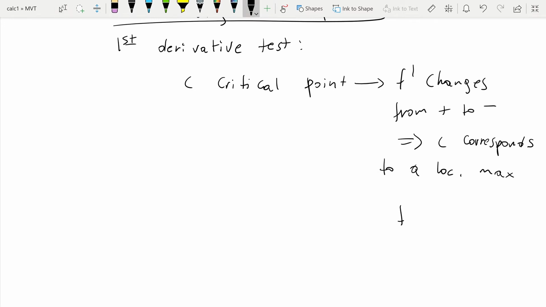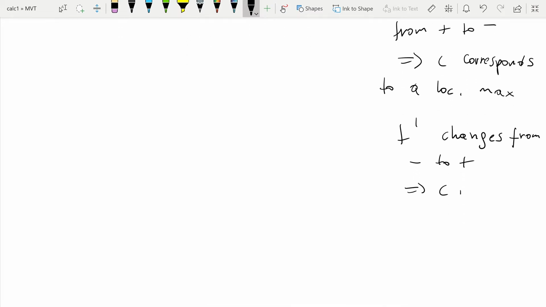If, on the other hand, f prime changes from minus to plus, then c corresponds to a local min.